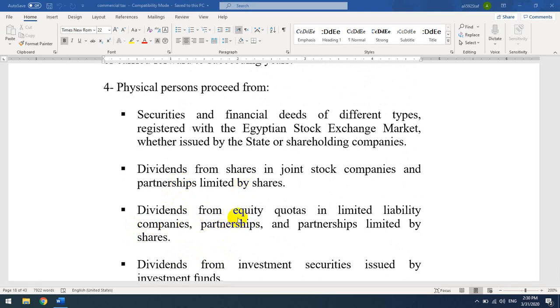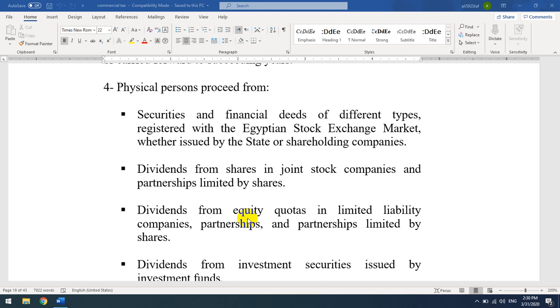Dividends from equity, but we cannot use the term dividends in a sole proprietorship. So dividends means that we are talking about either a partnership or a corporation.